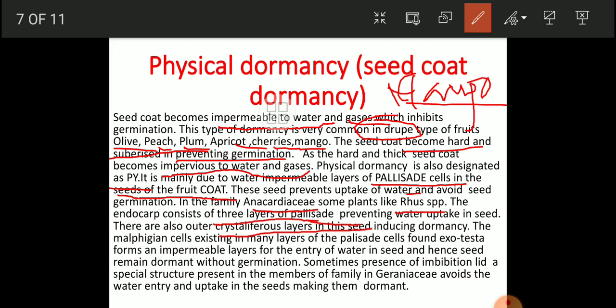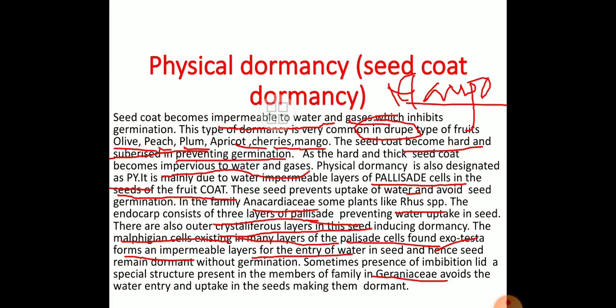Inducing dormancy, the Malpighian cells existing in many layers of the palisade cells, found in the exotesta, form impermeable layers for the entry of water. Such a structure we can find in members of the family Geraniaceae. Isn't it physical? You might have understood that physically the factor becomes impermeable to water and gases.